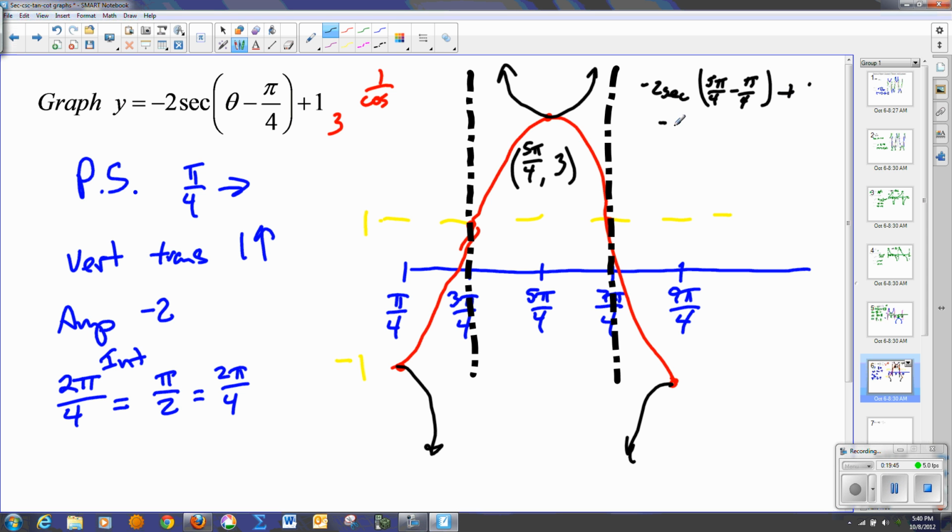So this is negative 2 times the secant of 4 pi over 4, which is pi, plus 1. So the secant of pi is the reciprocal of the cosine of pi. The cosine of pi is -1. Take the reciprocal of -1, and I get -1. And I'm going to add that to 1. -2 times -1 is +2, plus 1 is 3, and this checks.